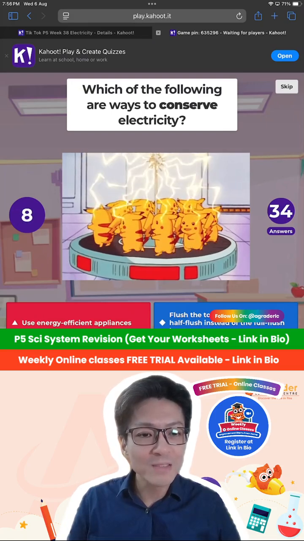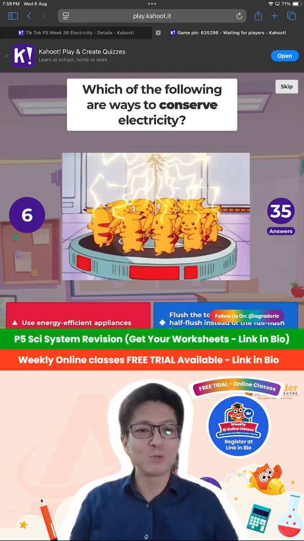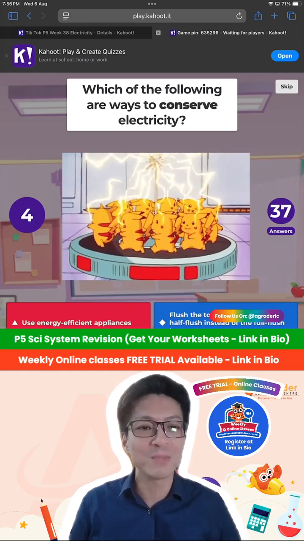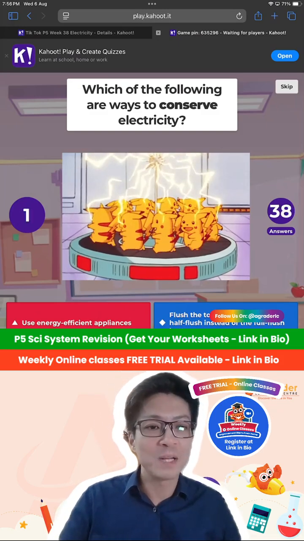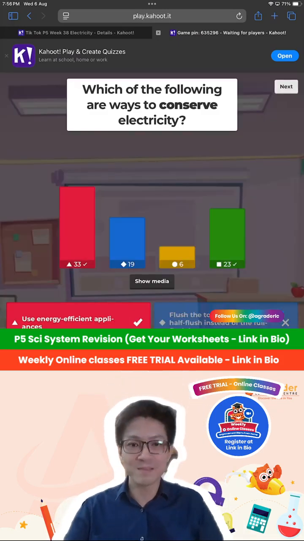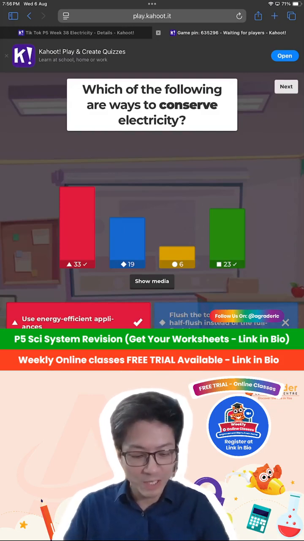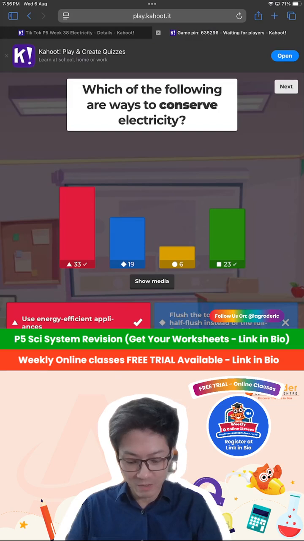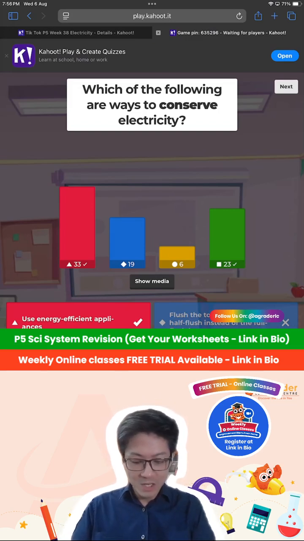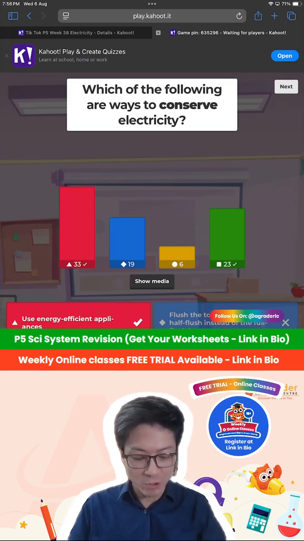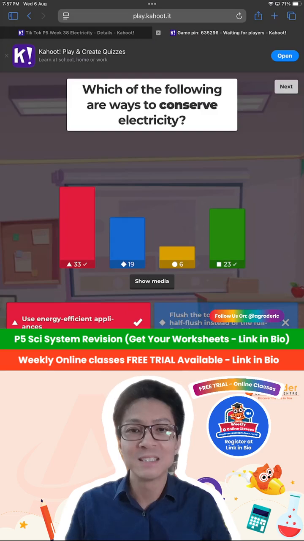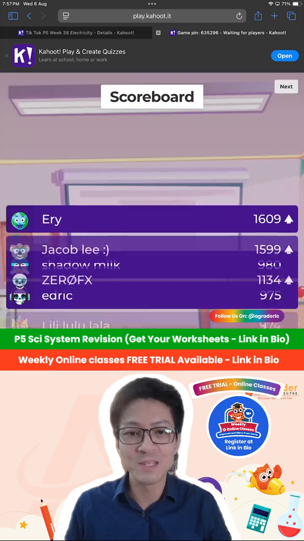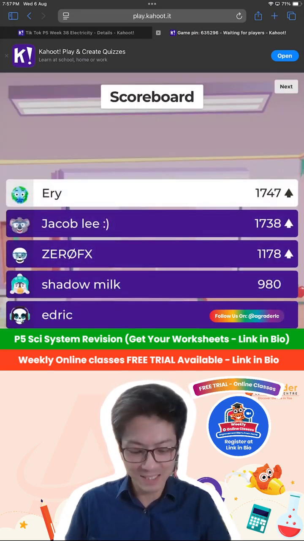Okay, this question quite a lot of people got it wrong. But 19 of you chose to flush the toilet bowl to save electricity. Well done. Extremely smart. I'm so impressed.